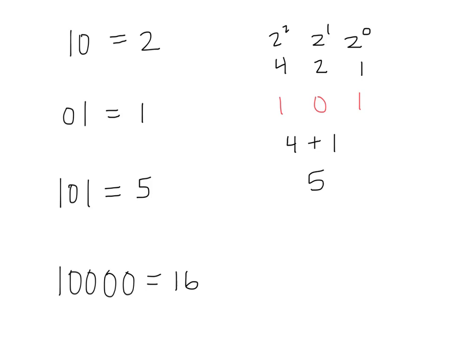Okay, so for this next number, we're going to need 1, 2, 3, 4, 5 place values. Let's see if I can get rid of some of this. Okay, so let me just start over.